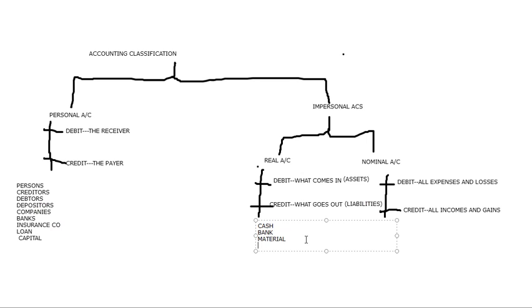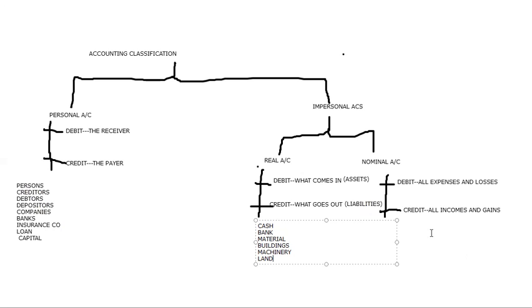All these kinds of assets we call a real account, because they carry the price of cash. If I try to sell them, obviously I will get immediate cash. So everything convertible into cash will be called a real account.